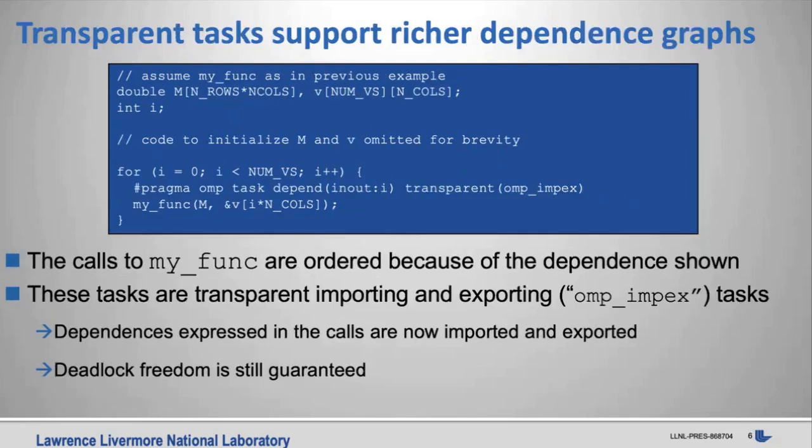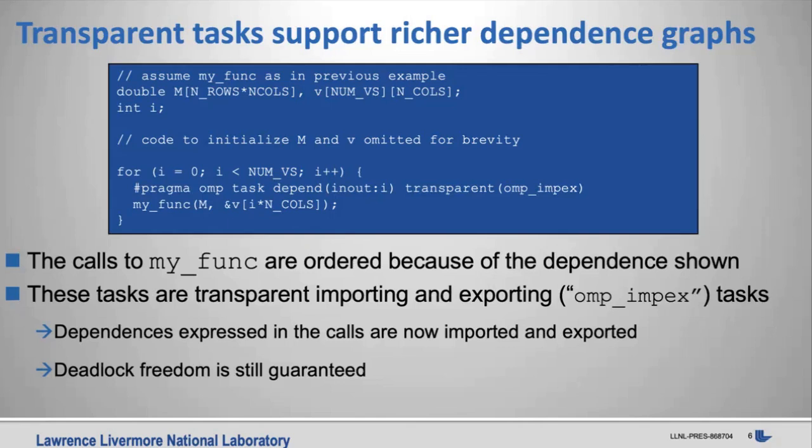So in OpenMP 6.0, we had a new concept called transparent tasks, and these support significantly richer dependence graphs. So here I show a simple loop that makes multiple calls to myfunc.